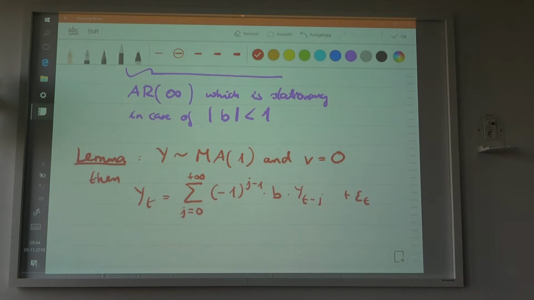So y is also an autoregressive process of order infinity.